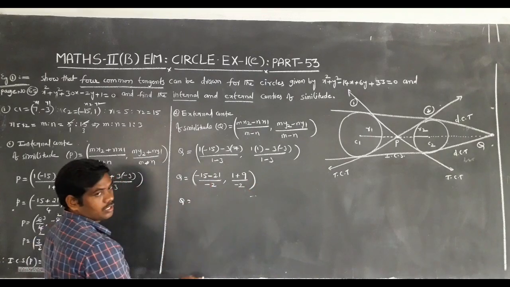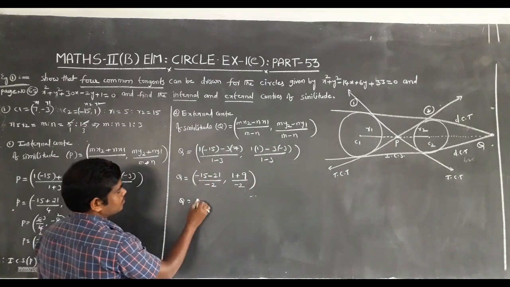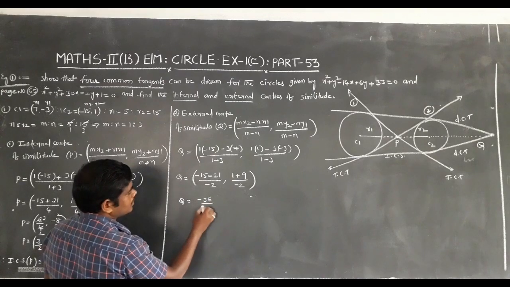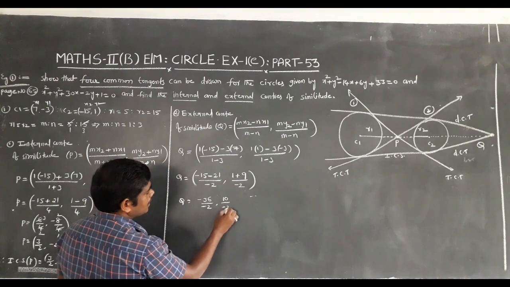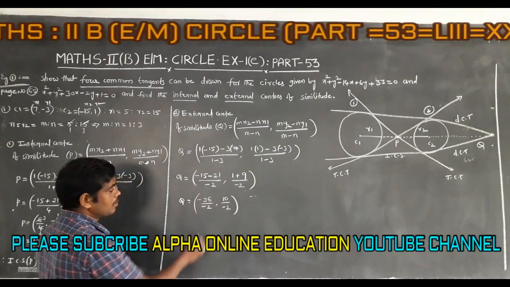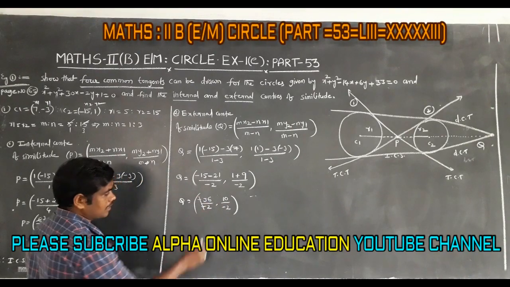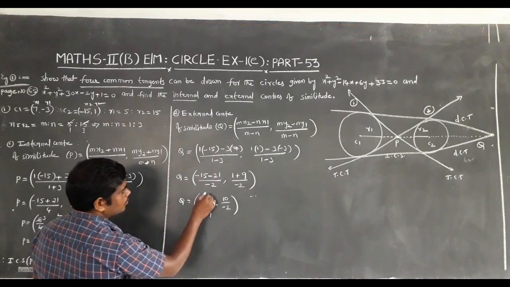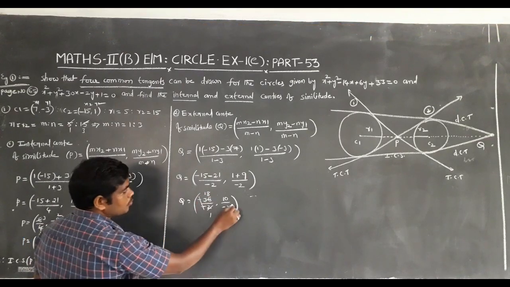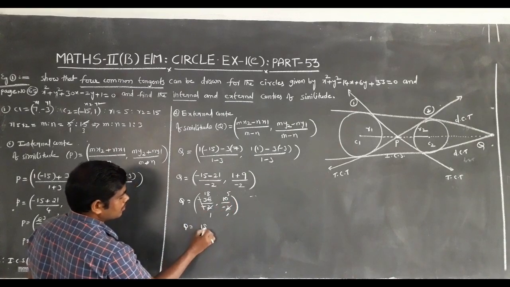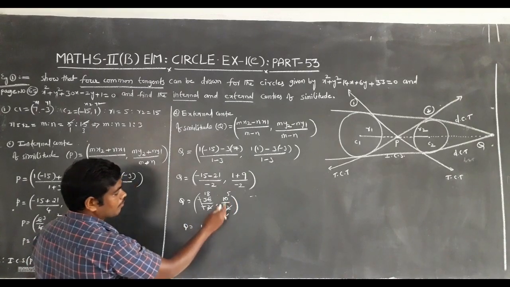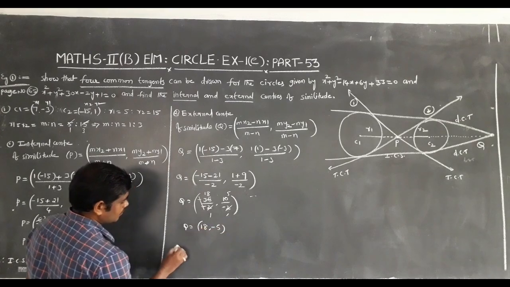Q is equal to (1 into minus 15 minus 3 into 7, that is 21) by (1 minus 3, that is minus 2), comma, (1 into 1 minus 3 into minus 3, that is plus 9) by minus 2. Q is equal to (minus 15 minus 21, minus 36) by minus 2, comma, (1 plus 9, 10) by minus 2. Minus minus gets cancelled: 2 eighteens are 36, 2 fives are 10. Q is equal to (18, -5).